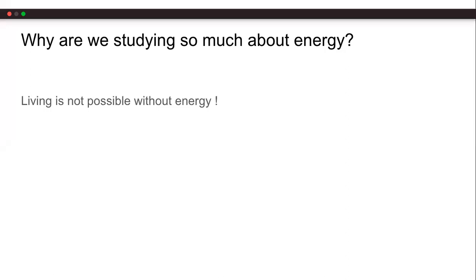Individual cells need energy to do whatever they are doing, whether they are doing something or dividing, whatever. Every single thing that is happening, every single action, every single work, needs energy. So energy is required for living. We will not be able to live without energy. That is why we are focusing so much on energy.